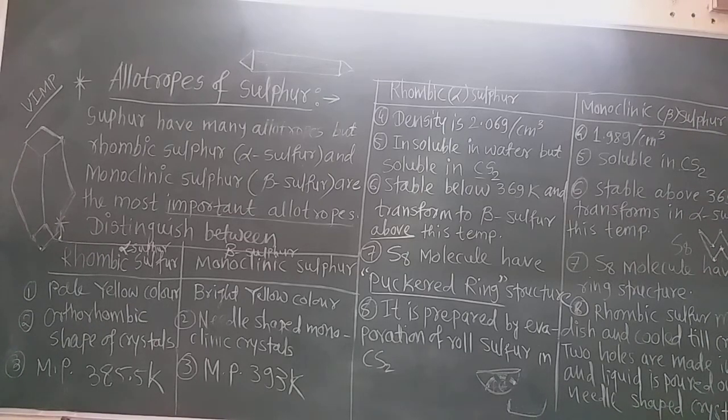Remember this for CET, JEE and entrance examinations. And in the chair form, the bond angle increases to about 102.7 degrees, and there is a somewhat decrease in the bond length to about 2.2. Now this is about sulfur.